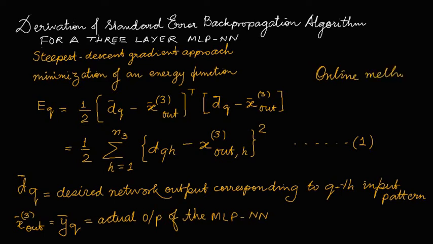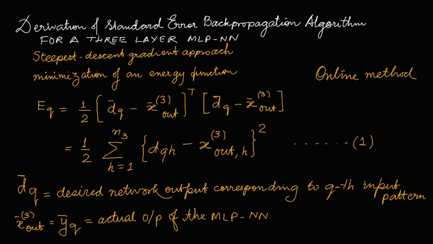Now why do we call it the online method? Because it has minimum memory storage requirement. Whenever we have more memory storage requirement, then we have to do some processing in offline mode, and only then it can be used. But here, as we have minimum memory storage requirement, it can be fast, almost online.